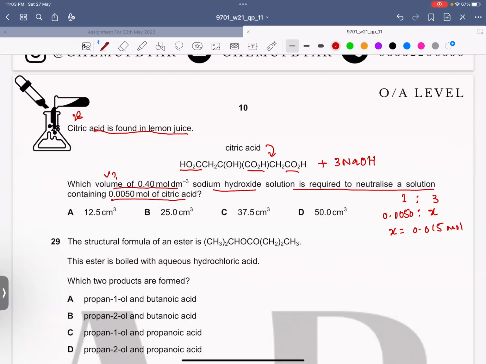Now if I have to find the volume, concentration equals moles over V. The concentration is 0.40. The moles are 0.015, and here we need the volume. So volume equals 0.015 over 0.40. Can anybody tell me the answer for the volume?